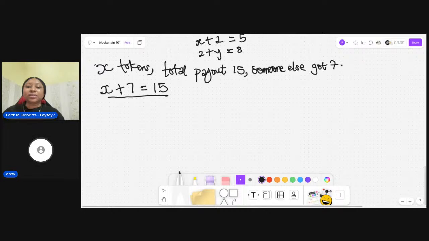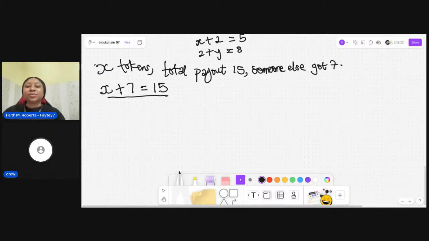Is it not crucial to know how many persons the tokens were distributed to? So you can see that this smart contract pays out X tokens, right? The total payout is 15 tokens and someone else received 7. How much is X? We are not looking for the person, we are looking for the X. Are you getting the question?